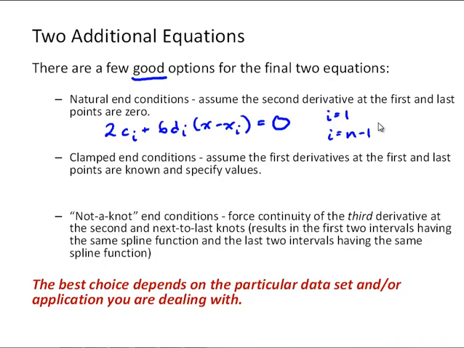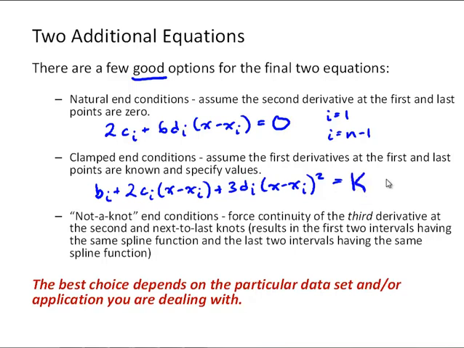So recall that first derivative looks like bi plus 2ci times x minus xi plus 3di times x minus xi squared, and we're just going to set that equal to some constant, for i equals 1 for the first interval and x equals x1, and for i equals n minus 1 and x equals xn, our last data point.